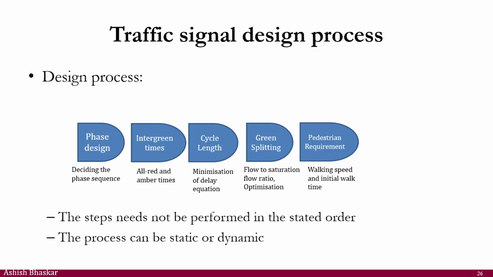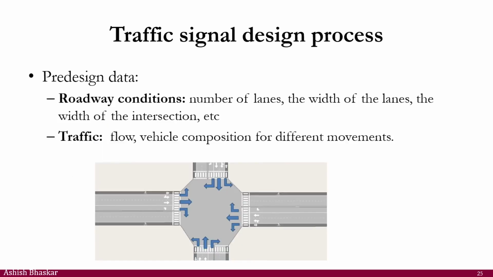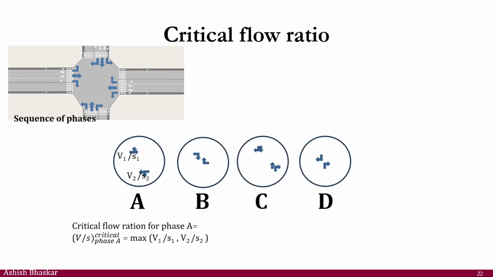I've not discussed the pedestrian requirement for the sake of simplicity, but it affects the amount of green you're going to give to an approach. For example, if I look at this phase, you might like to have some green if pedestrians are going this way and that way.